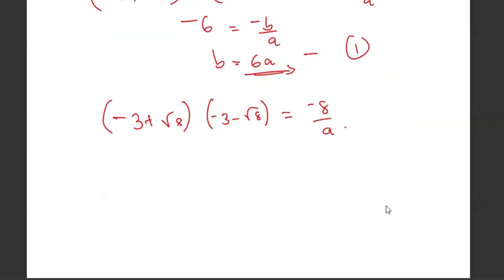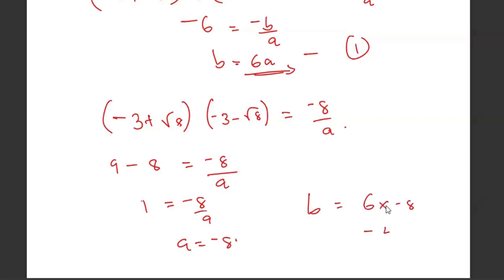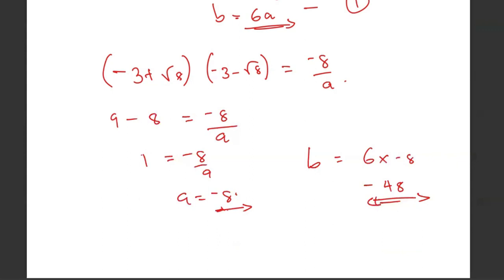So multiplying this and that's going to be a 9. That's going to be a plus. That's going to be a minus. So 9 minus 8. This should give us negative 8 over a. 9 minus 8 is a 1, meaning that a is going to be a negative 8. And then if we replace this a by that part b, meaning that's going to be 6 times negative 8, which is going to be a negative 48. Okay, so that is what we are ending up with for that particular question.